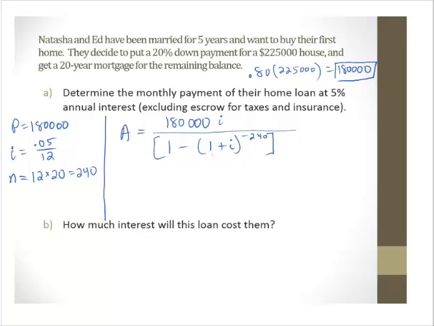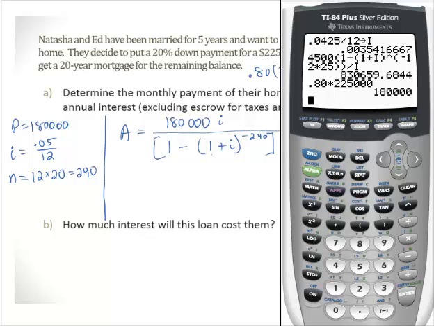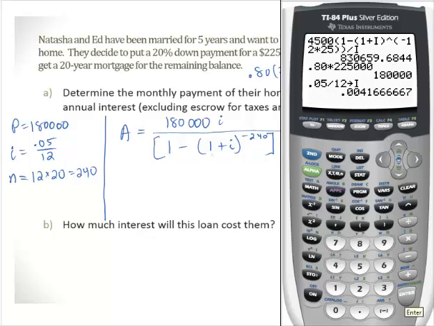All right, so let's go to the calculator. Let's store our new I, 0.05 over 12. I'll store that as alpha I. All right, now let's calculate this. I'd have 180. Now let's put parentheses around the numerator. 180,000 times alpha I. You need to make sure and put that multiplication in when we're doing this.